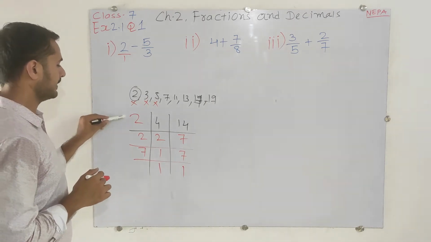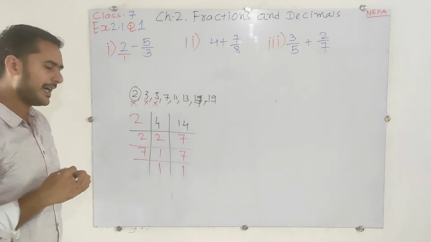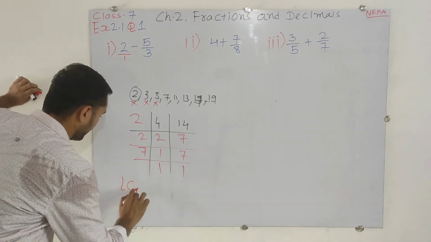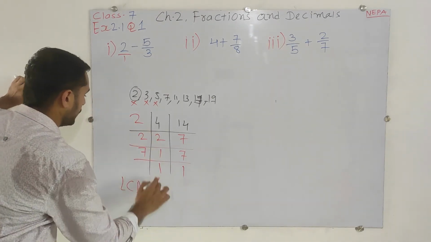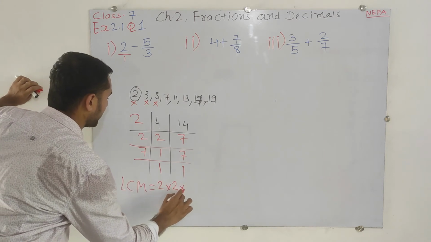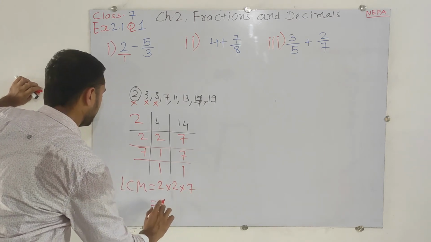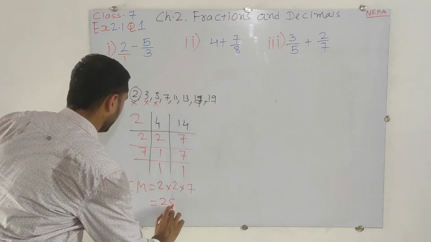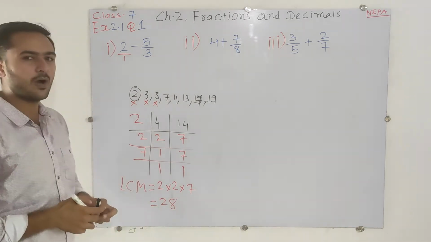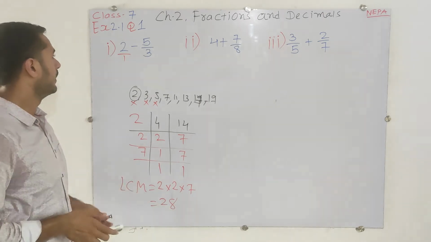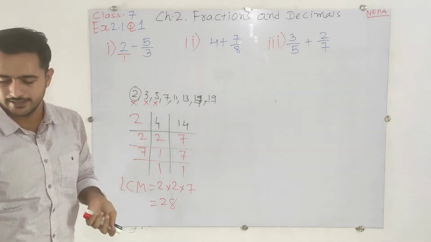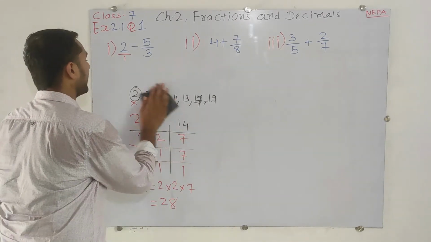So here we got 2, 2 and 7. So we can write LCM is equal to 2 multiplied by 2 multiplied by 7. That will be 2 2s are 4, 4 7s are 28. So this is how we can find the LCM. But here it's 1 and 3. So let's do that. For 1 and 3, how will we do it?